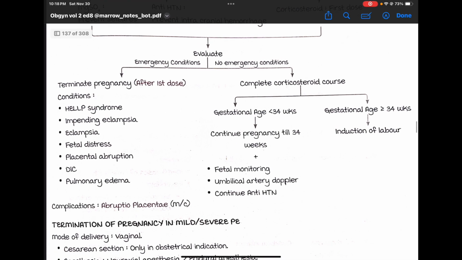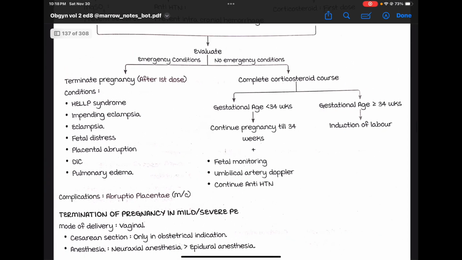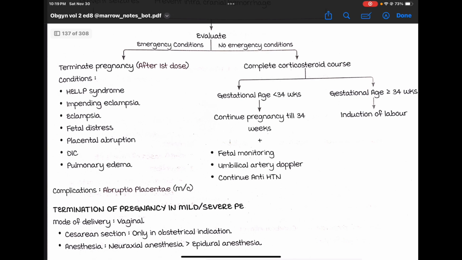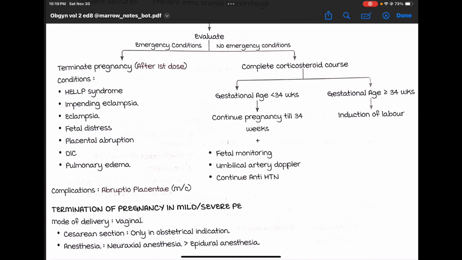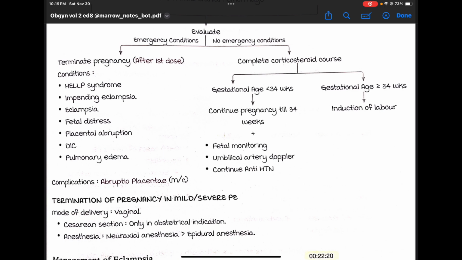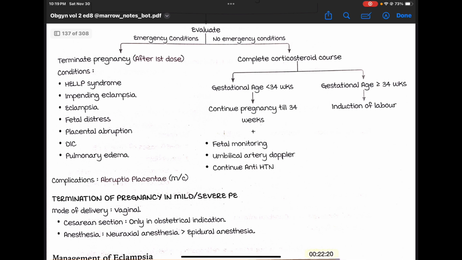Conditions: HELLP syndrome, impending eclampsia, fetal distress, placental abruption, disseminated intravascular coagulation, pulmonary edema. Otherwise complete the corticosteroid course. Gestational age less than 34 weeks: continue pregnancy till 34 weeks plus fetal monitoring, umbilical artery Doppler, continue antihypertensive. Gestational age more than 34 weeks: induction of labor.